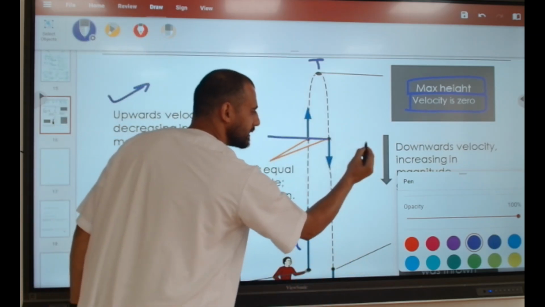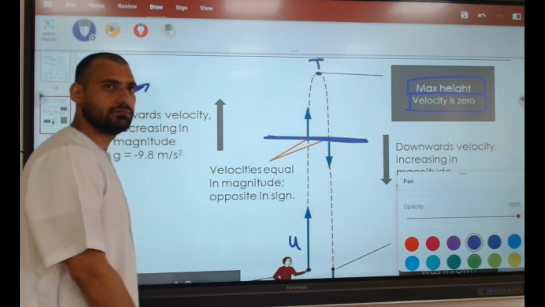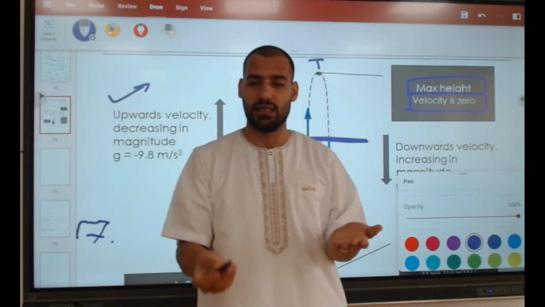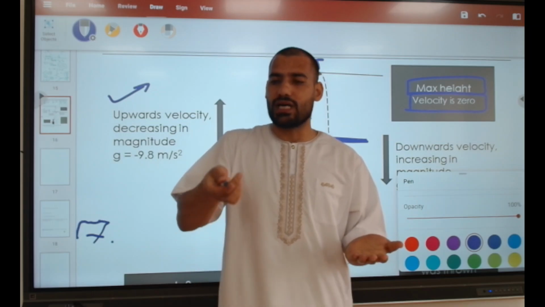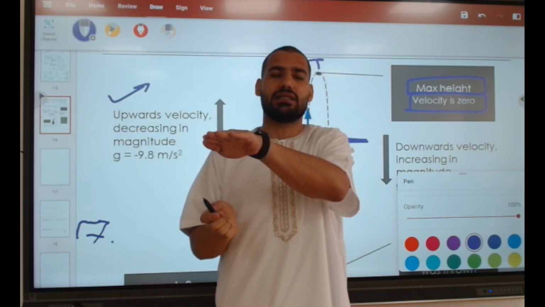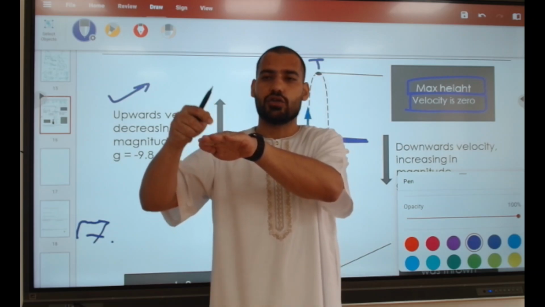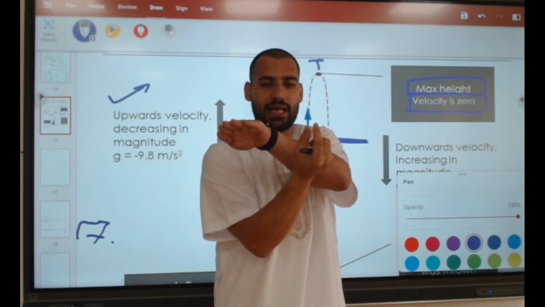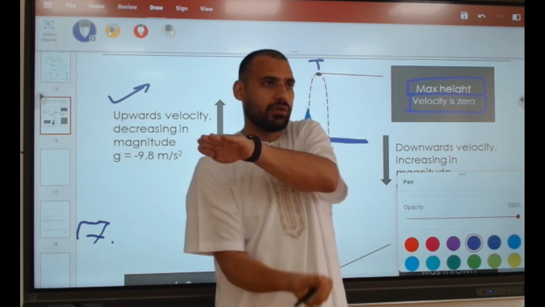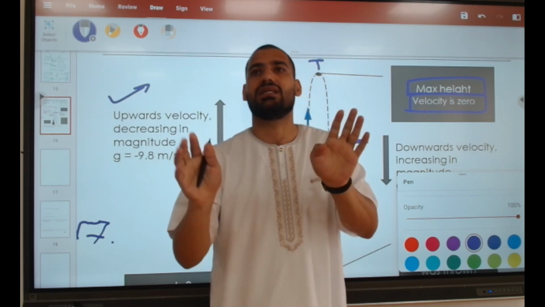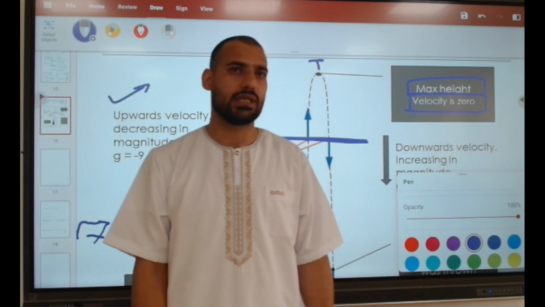The velocity is the same at the same height from the ground. For example, see, I'm throwing this ball up. When it goes up, during its rise, if for example it is at this height, the velocity was v. So when it comes back at this point, at the same height, it has to go down, isn't it? At this point, the velocity will again be v, but the direction will be opposite. Is that clear?